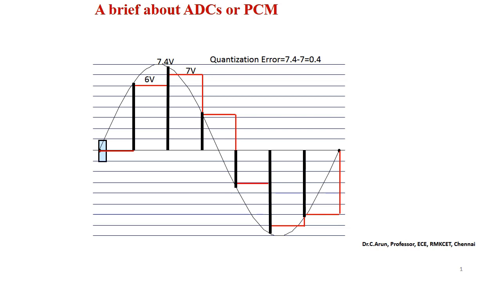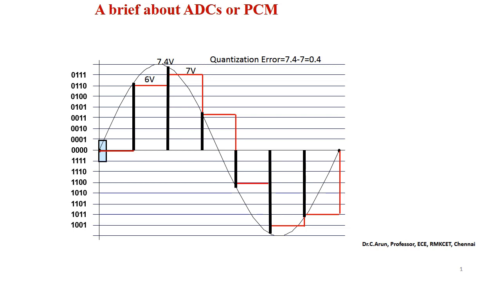Here the actual value of your message is 7.4. I am rounding the value for my convenience as 7. So that will degrade the quality of your message. That means 7.4 is the actual voltage, and it will be converted to 7. So 0.4 is the quantization error.